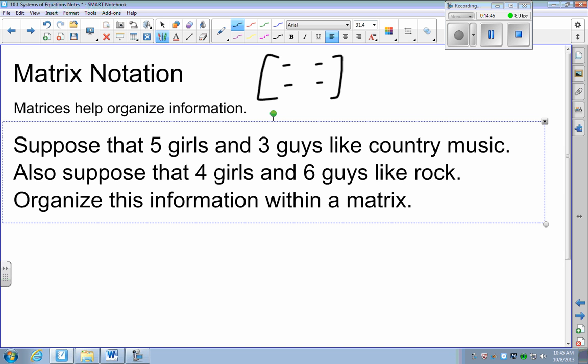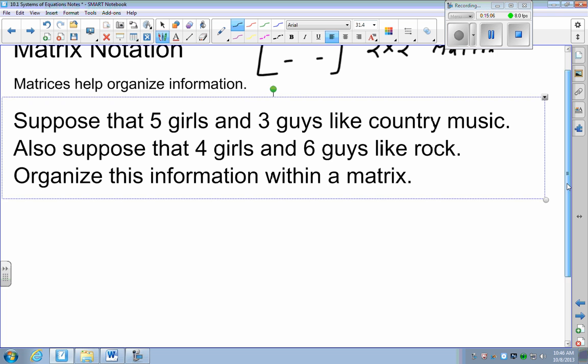So a really quick way of showing what it looks like, and this would be a 2x2 matrix. Okay, anyways, not the best explanation of what a matrix is, but let's go through an example of how matrices help organize information.